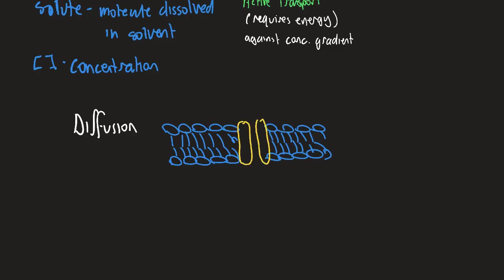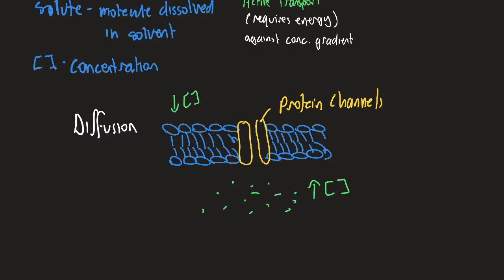With facilitated diffusion, we have protein channels, which are proteins embedded all the way through the membrane, creating a channel. We've got a high concentration of solute on one side and a low concentration of solute on the other side.